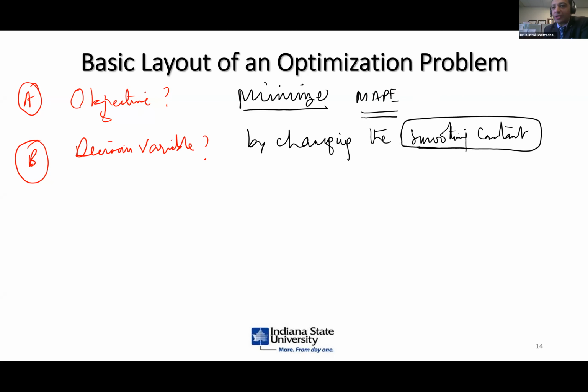The smoothing constant is the one that I will allow the software to change accordingly so that it can get me the minimum value of the MAPE.